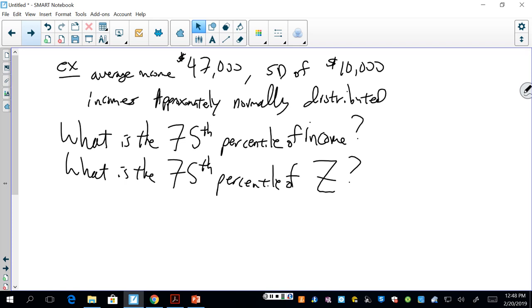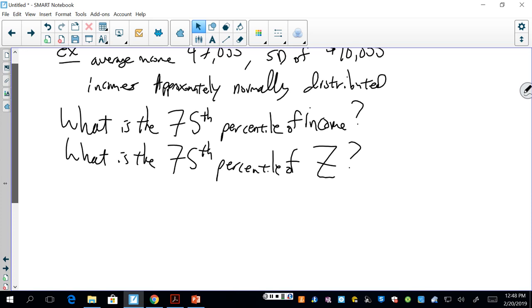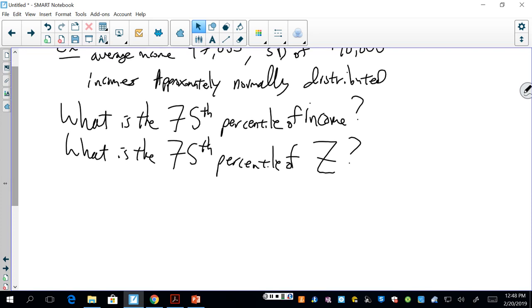It'll be between 0.6 and 0.7. 0.67, 0.68. So the 0.6 row, 0.07 column, there is 0.7486.